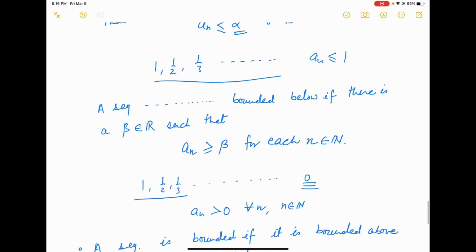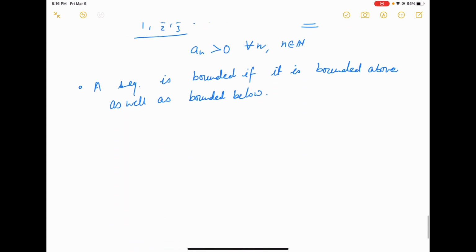Again, in the example that we have, this sequence luckily has a lower bound as well as an upper bound. All the elements a_n are greater than 0 and less than or equal to 1 for all n. So this sequence a_n is a bounded sequence here.